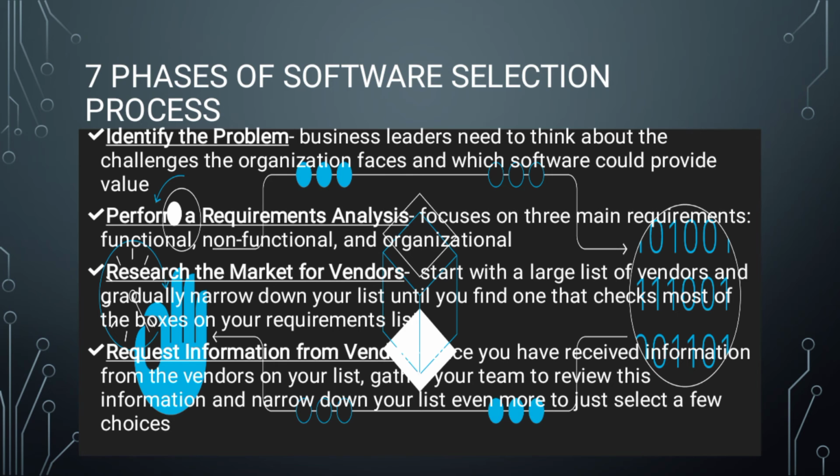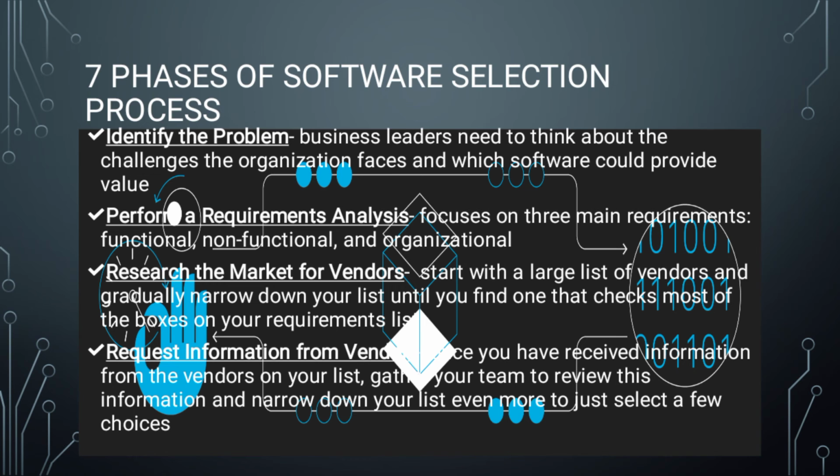In some cases, this may require a solution that is customized to your unique needs. So, start with a large list of vendors and gradually narrow down your list until you find one that checks most of the boxes on your requirements list.